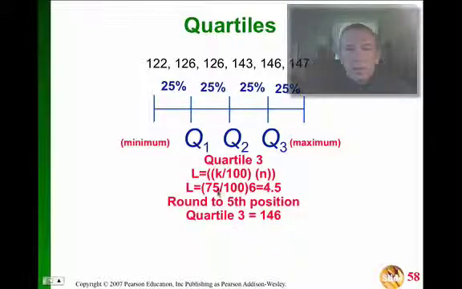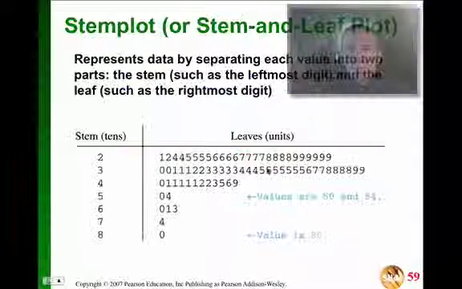Quartile 3: 75 divided by 100 times 6 equals 4.5. Go to the next position. Quartile 3 equals 146, which is the 5th position of the data. The data itself is 146, quartile 3.